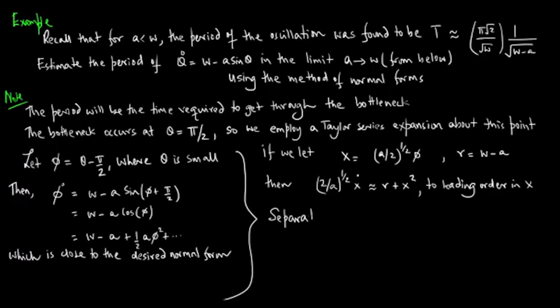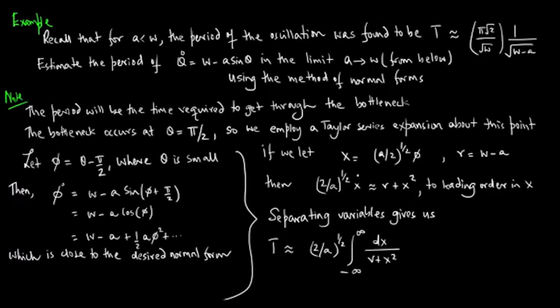So separating variables gives us capital T approximately equal to 2 by a to the half times the integral from minus infinity to infinity of dx divided by r plus x squared, which is equal to 2 by a to the half times pi divided by the square root of r. So now we go ahead and substitute r equal to omega minus a.